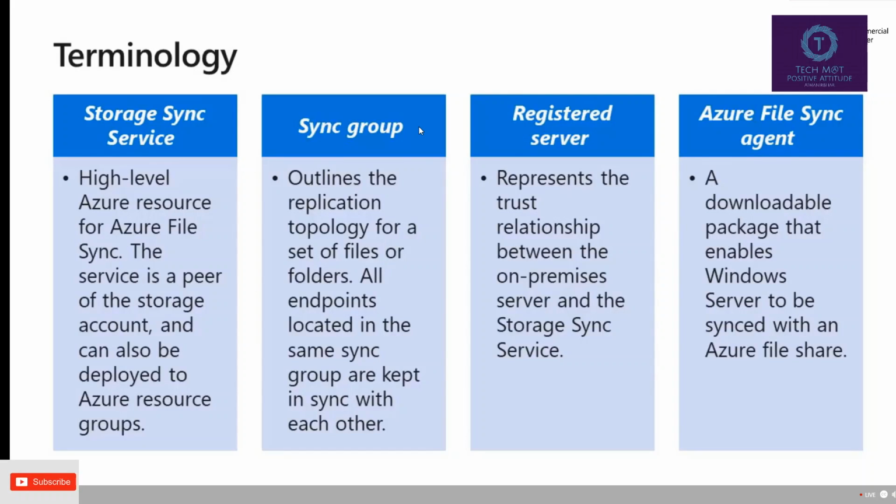And I have a registered server that represents the trust relationship that you have to have between an on-prem server and the storage sync service. And then you have the Azure File Sync Agent, which is the download package that I have to install on the server, and then it will do the registration of the server and establish the relationship.